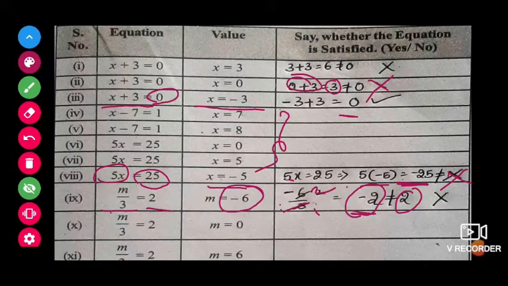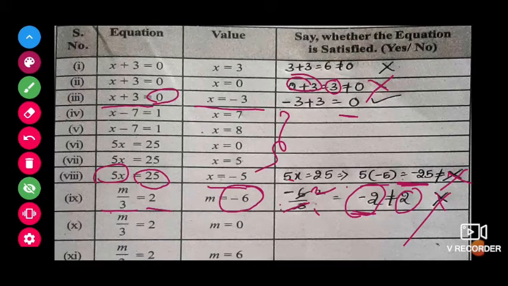No, the value is same but the sign is different, children. Plus 2 means you are having 2 rupees amount. Minus 2 means you borrowed 2 rupees amount. Both are not at all equal. Okay, you are in negative balance. Positive means you are in a positive balance. So this is also not satisfying for the given value.